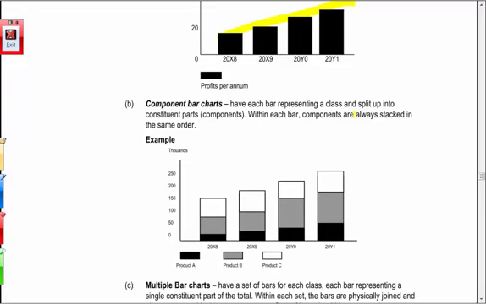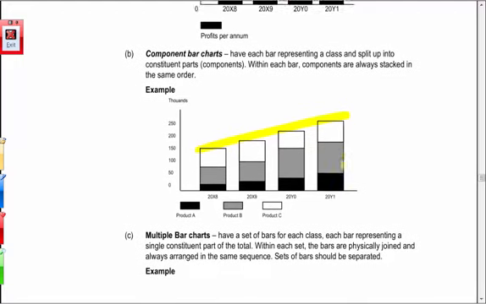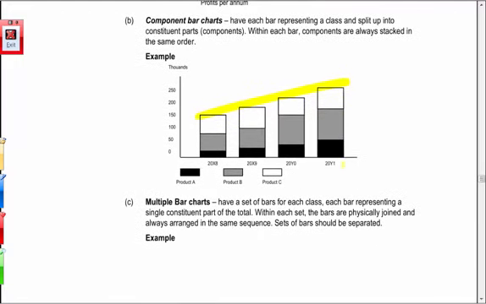You can see then the increased trend in overall sales, but you can also see the magnitude by which each have increased. So product C then has stayed relatively stable, but there's been much greater proportional increases in A and B. Multiple bar charts then will have a set of bars for each class, and they'll be broken down into percentages.